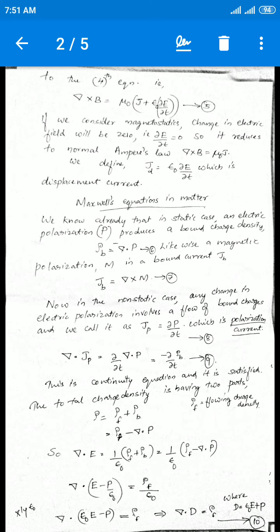Because of that, electric polarization occurs. Some side will be more positive and the other side more negative. That is how electric polarization happens.